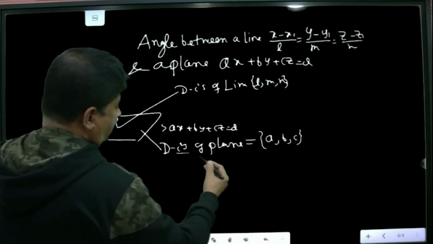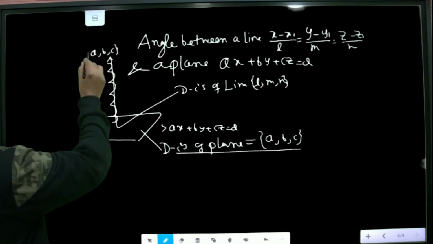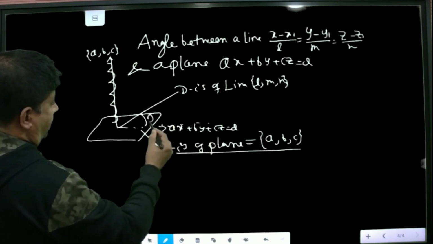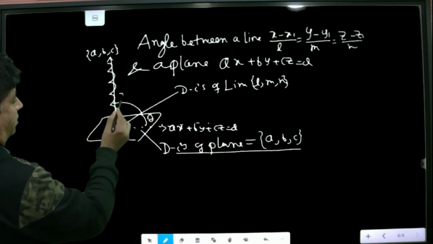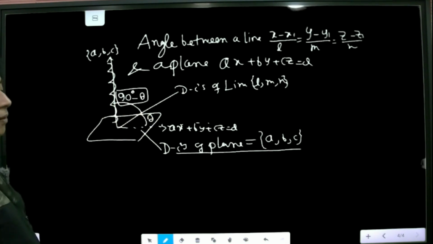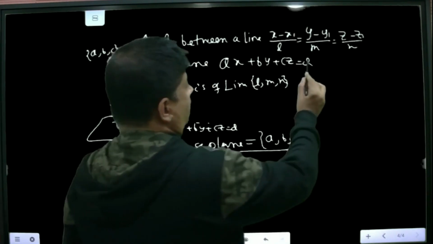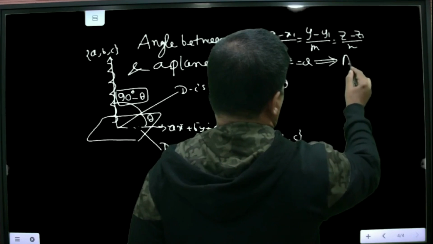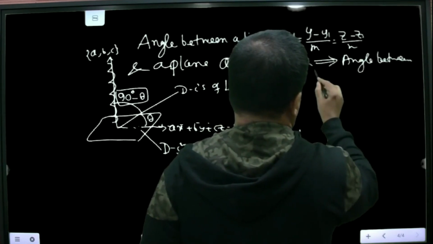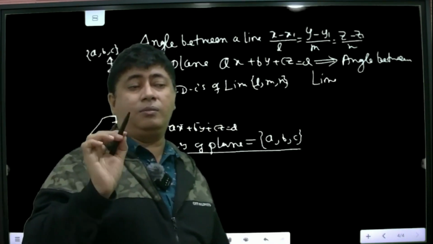If the direction cosine of the plane is this, then the direction cosine of the line is also this. If that angle is theta, then this angle will be considered as 90 minus theta. So the angle between line and plane is expressed through the angle between the line and the outer normal.